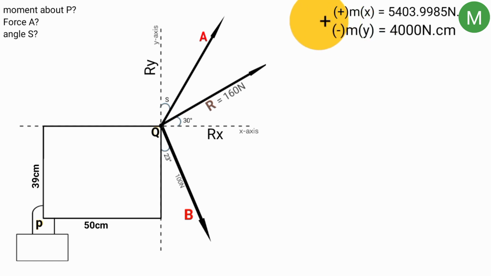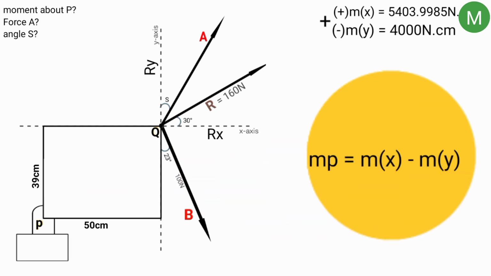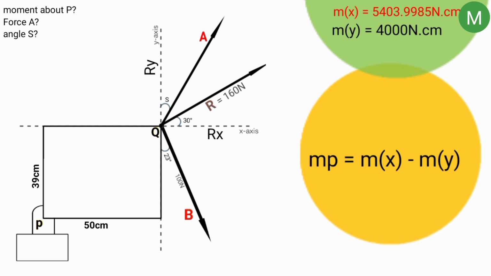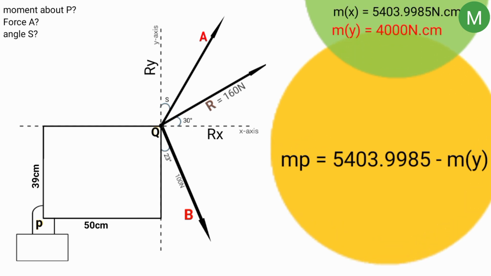If we add them up now to have the total moment at P, moment caused at P equal to moment caused by x minus moment caused by y. M of x is 5403.9985 and M of y is 4000.